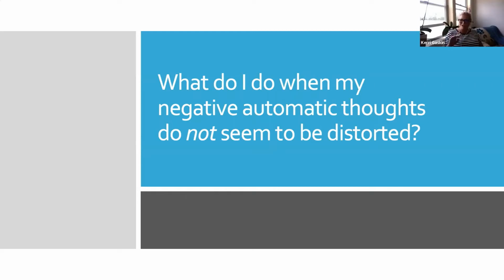So therefore, whether a thought is distorted or not, we still have a lot of work to do. So for the purpose of today's session, I want you to think about possible distortion for each thought that you might have, even if you're convinced that the thought is not distorted.